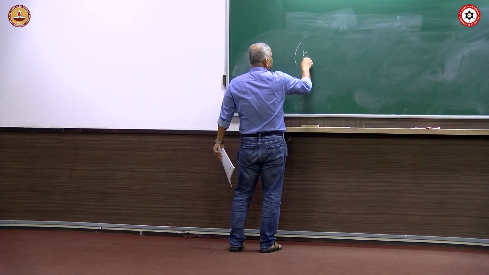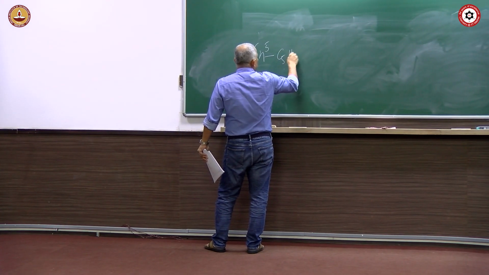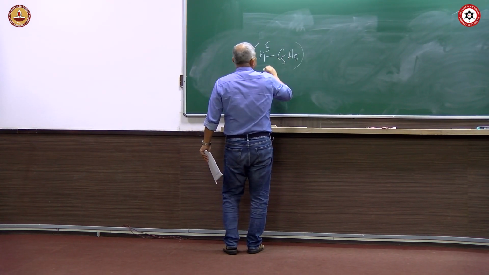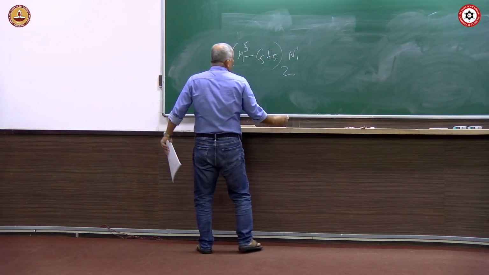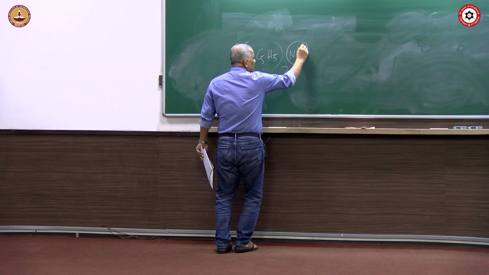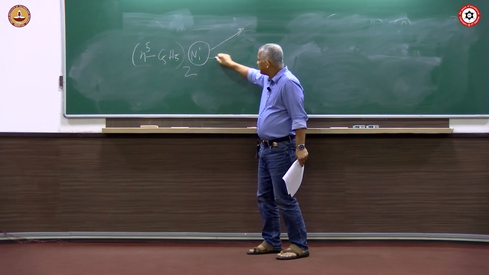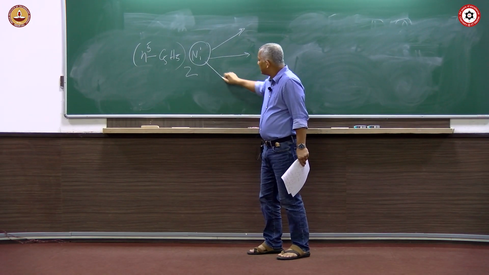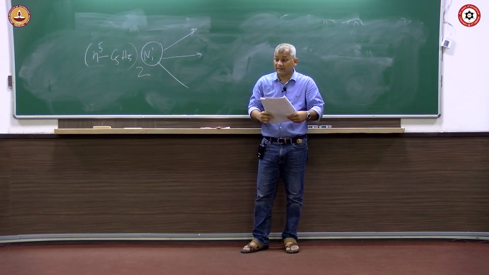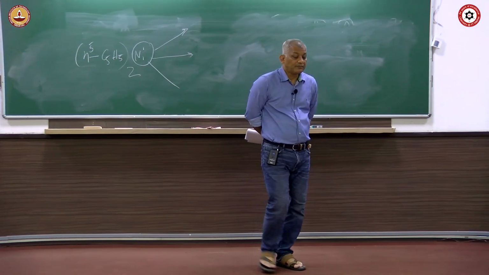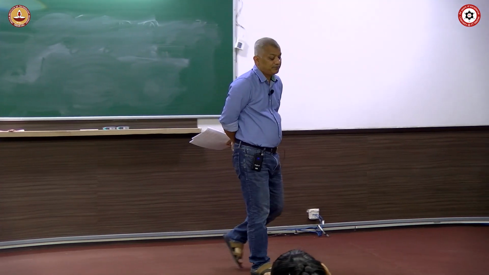I'll give you a last example before I go to the other one. C5H5. Okay, first you tell me how many electrons of nickel, what is the oxidation state, and what is the d electron configuration. What is the electron count?